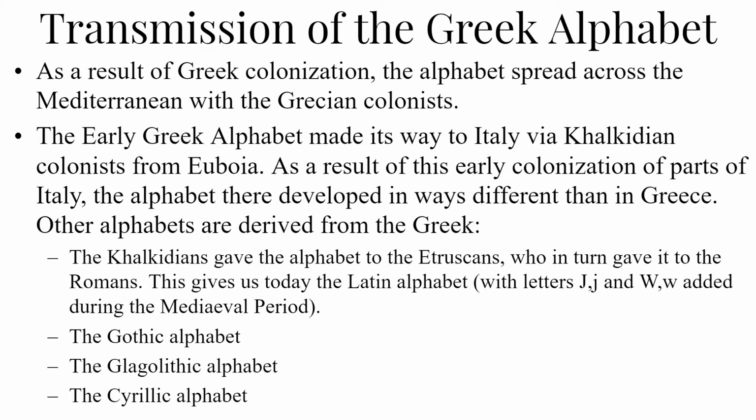Now, one of the places in Euboea is Chalcis. And Chalcis, of course, is full of Chalcidians. And what are Chalcidians famous for? They're famous for their colonists, the colonies that they sent out. So very early on in Greek history, near the end of the Dark Ages, the Greeks start colonizing all over the Mediterranean.